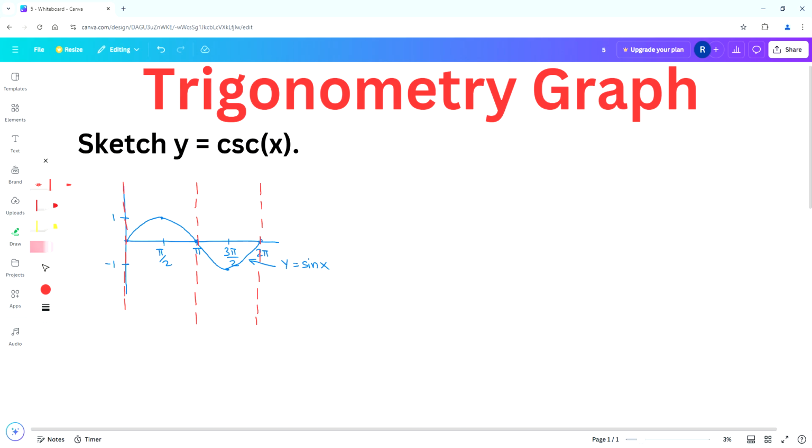Close to the two vertical asymptotes, the curve goes in the upward direction along the vertical asymptotes, and at x equals pi over 2, the value of cosecant x is 1. So the point pi over 2, 1 lies on the graph of sin x and cosecant x. So we can show the curve like this.